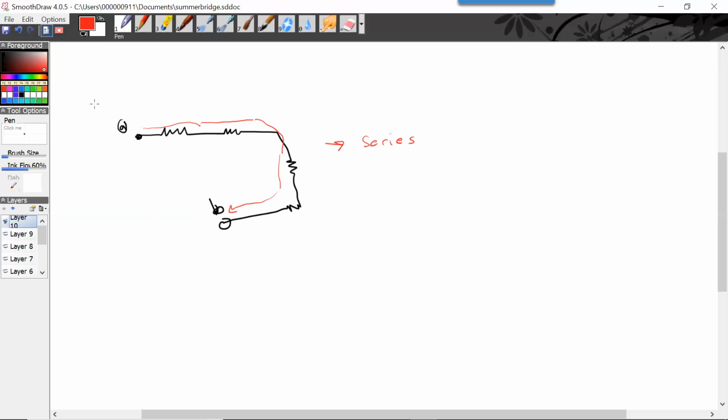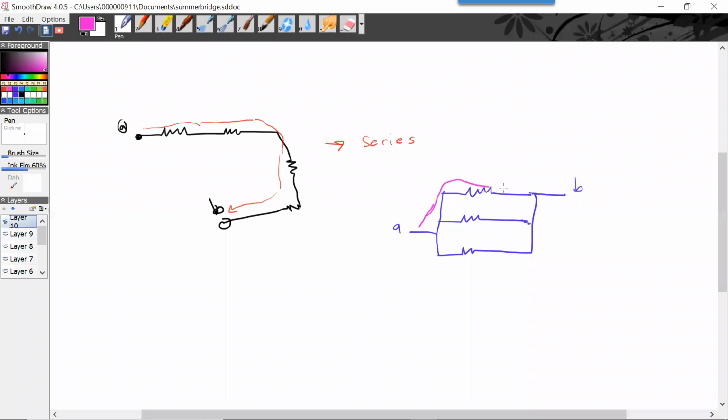And so all these elements are in series. Now what about parallel? I start at A, and I have a choice of 3 ways to go.